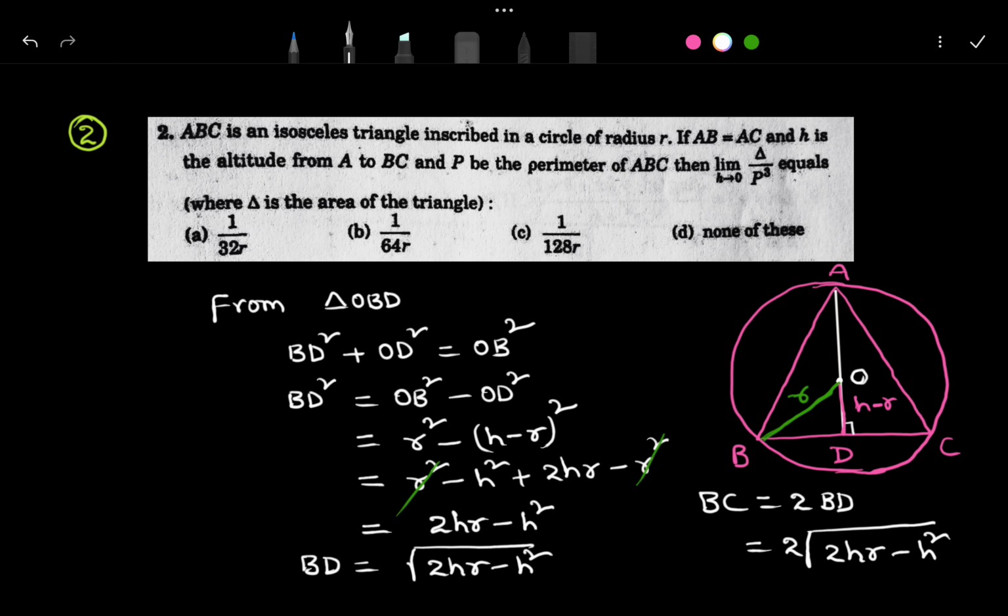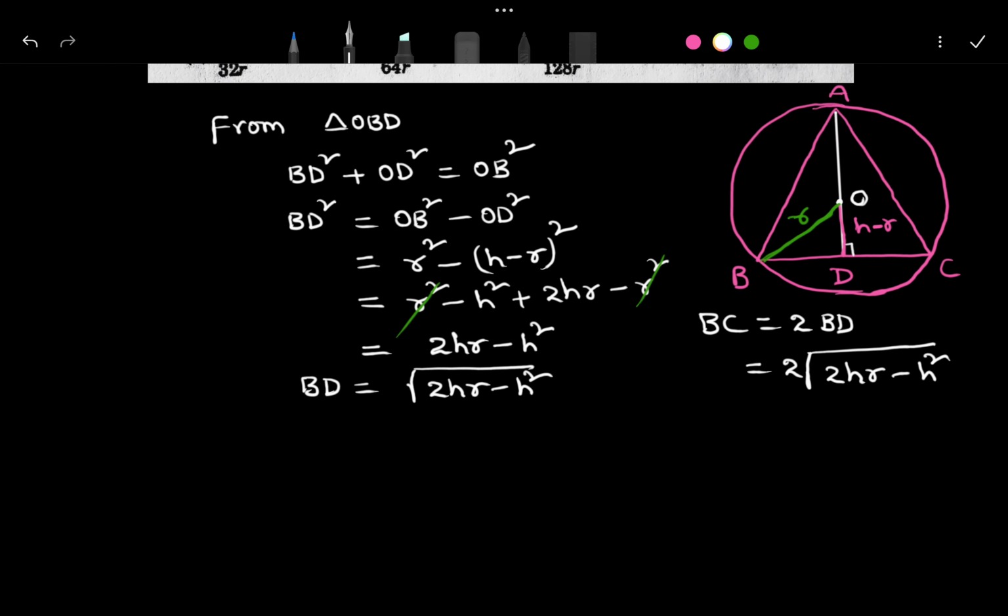Here, from triangle ABD, the AD value is h and the BD value you already got.